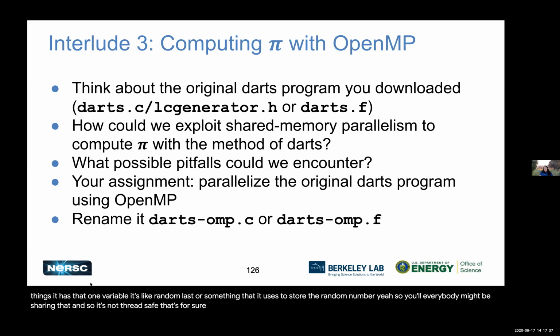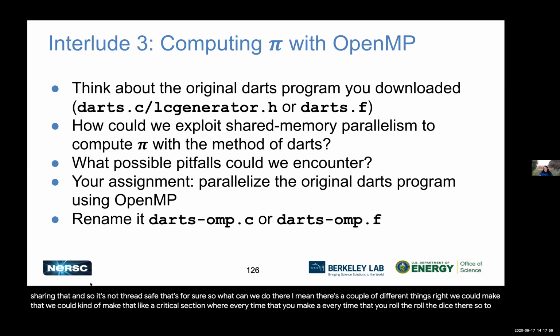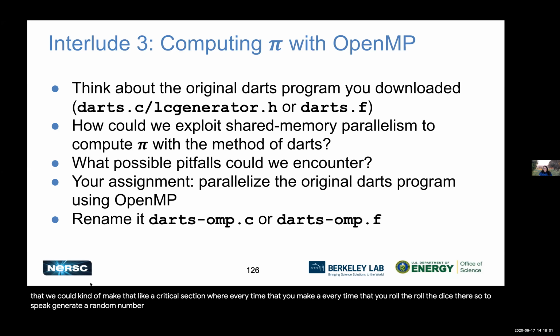So what could we do there? There are a couple of different things. We could make that a critical section, where every time you roll the dice, so to speak, and generate a random number, that's a critical thing.